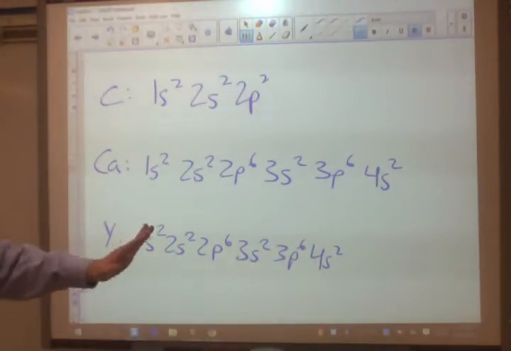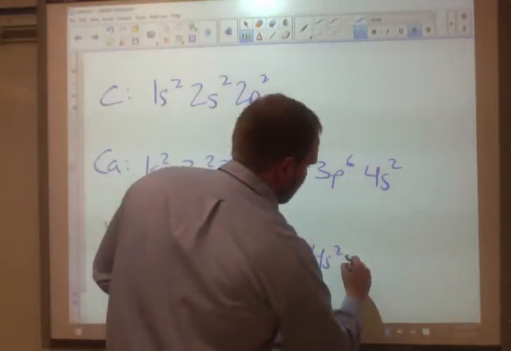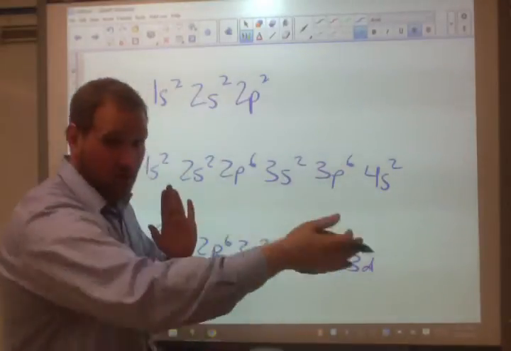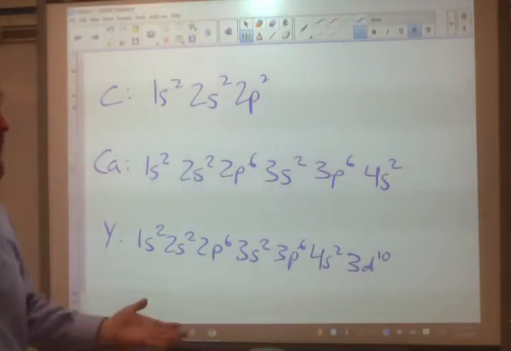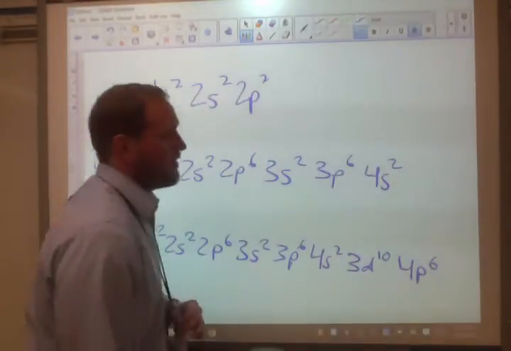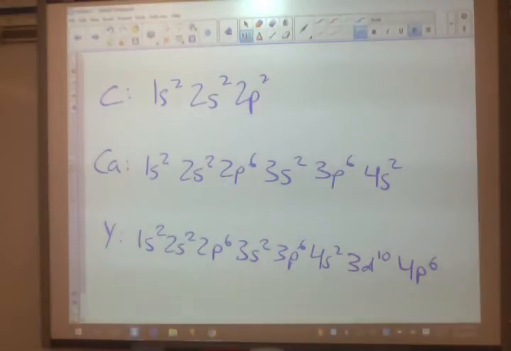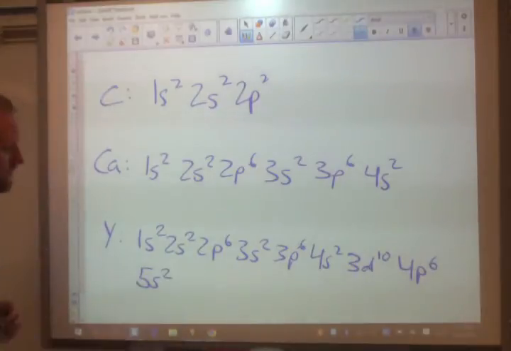And now is when we have to pause and think about our d orbitals. So when we do the d orbitals, we drop down a number. So I'm going to say 3d, and since it's going to fill the entire row, we say 3d10. If we go beyond that, we're going to jump back up, and we say 4p6. And now we're at rubidium 37, so we say 5s2.